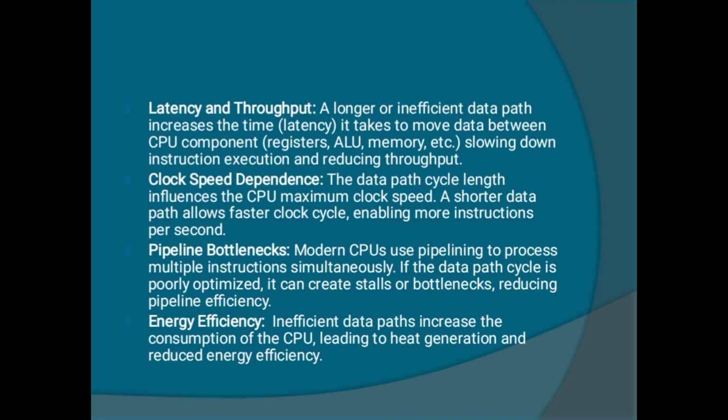If the data path cycle is poorly optimized, it can create stalls or bottlenecks, reducing pipeline efficiency. Energy efficiency. Inefficient data paths increase the power consumption of the CPU, leading to heat generation and reduced energy efficiency.